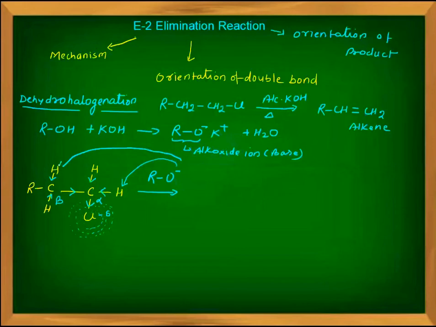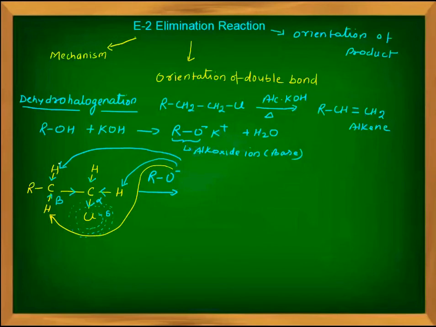But this beta hydrogen is coplanar with the chlorine, so it is also protected by the electronic field of chlorine. So it is very difficult for the base to abstract this hydrogen.